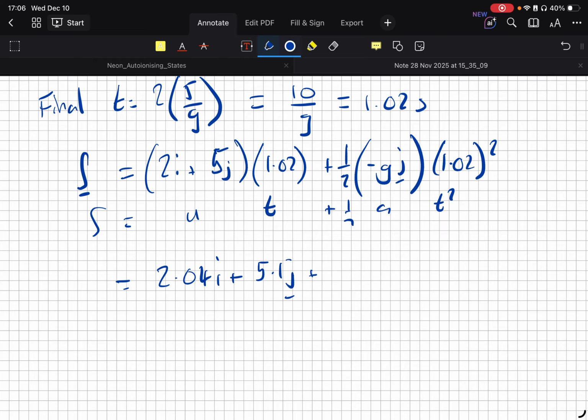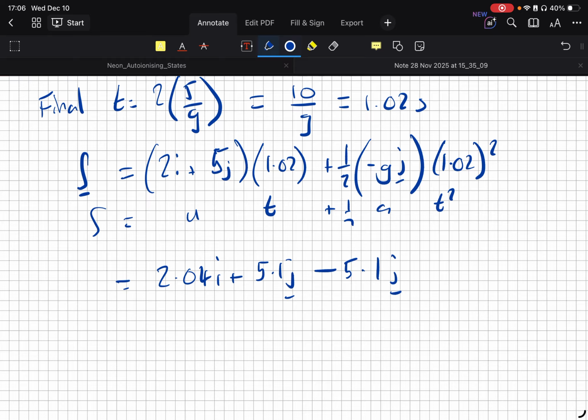And then multiply that by 4.9, and I will get 5.098. Don't really need that many decimal places, and there should be a minus sign there as well. It's got a minus sign here, so minus 5.1, let's say. Minus 5.1j.